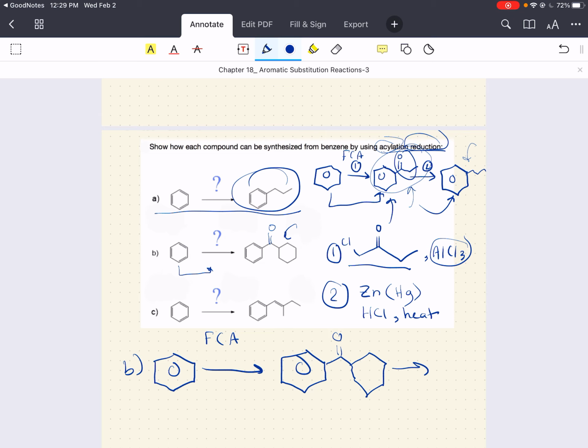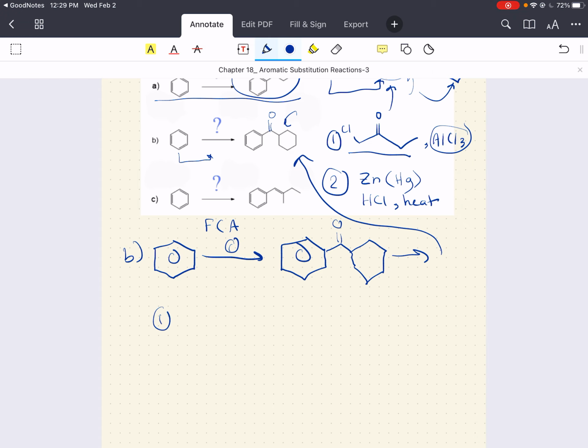And then reduce this to get this final product. So for this first step, the set of reagents we are going to need look like this. Let me draw this properly.